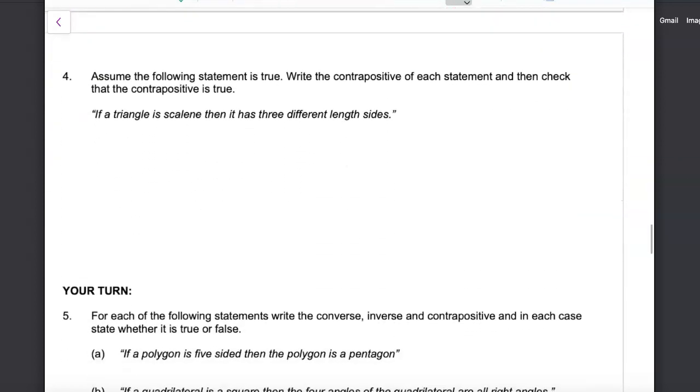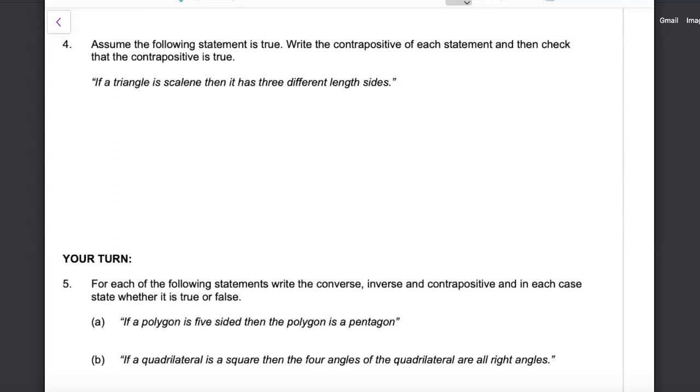In our last example, we've got assume the following statement is true, and we're going to write the contrapositive of each statement and then check the contrapositive is true because it must be true. So if a triangle is scalene, then it has 3 different lengths. So the contrapositive, if a triangle does not, because it has to be the negation, have 3 different lengths.